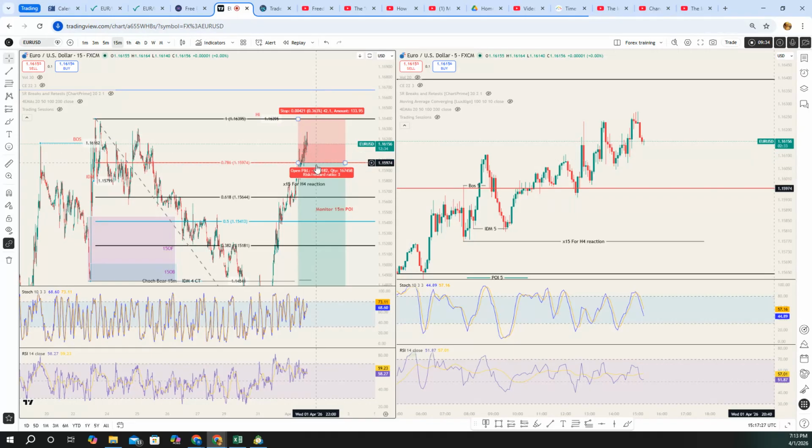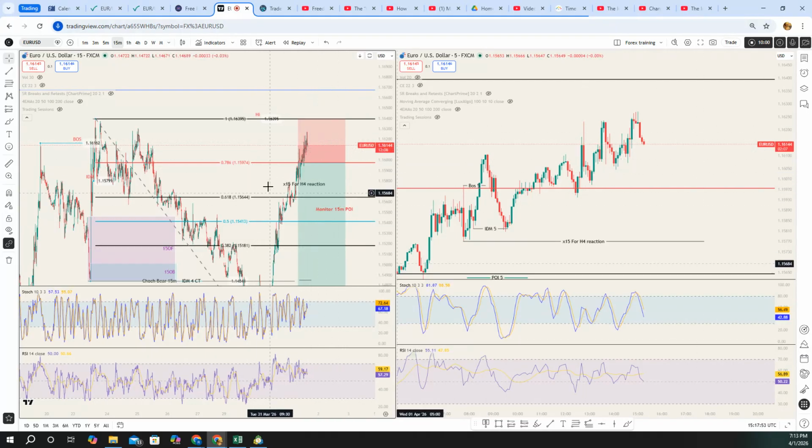So if the price moves in this direction, then I know what the market is looking for. It's looking for liquidity, to take liquidity from this area. And again, I've written a note here that I'm monitoring this. I didn't take the trade to see what this POI will do.